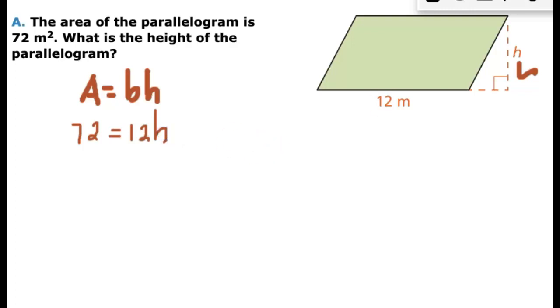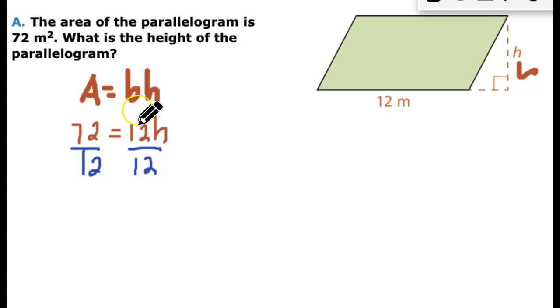Using our knowledge of solving equations, we can isolate the variable h, which is our height. We need to divide by 12 on the right side of the equation, and since we do that on one side, we have to do it on the other side of the equation.